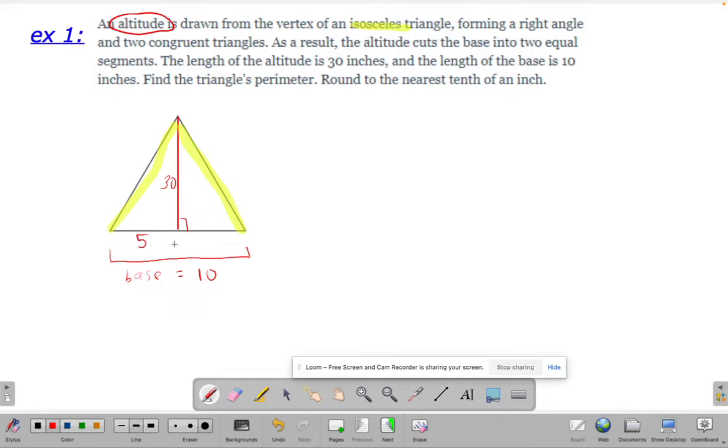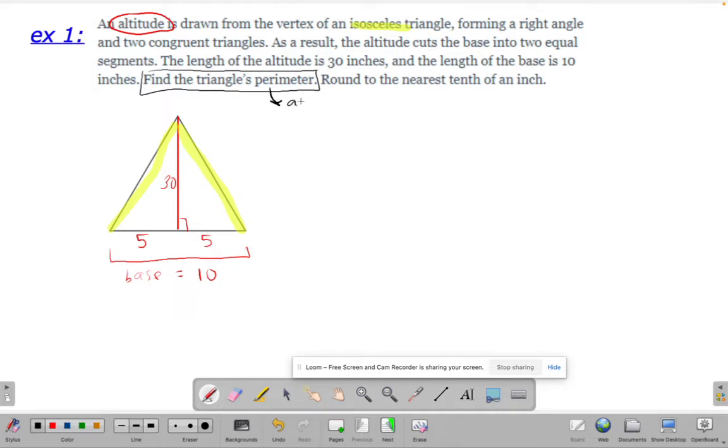So this is 5 and this is 5. The last thing it says here is to find the triangle's perimeter. And this is what you will type in for your answer. You will round your answer to the nearest tenth of an inch.